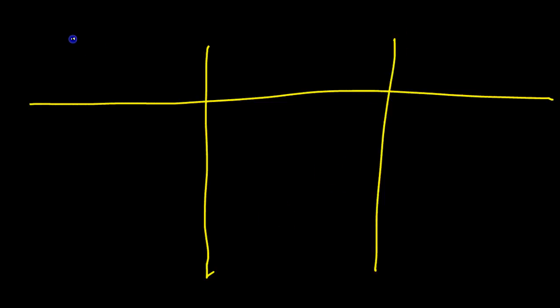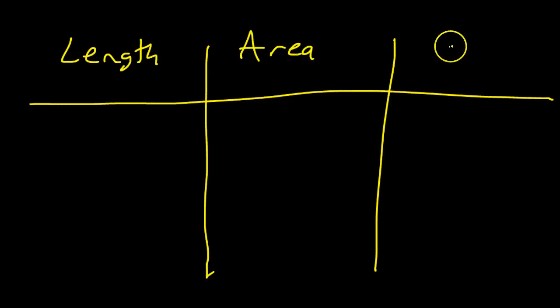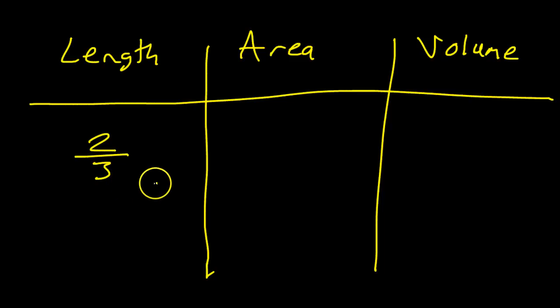Here's how the scale factors are related to each other. We've got length, and we've got area, and we've got volume. So for example, let's say the length scale factor was 2 to 3. And in general, if I just say scale factor, it automatically means the length scale factor.